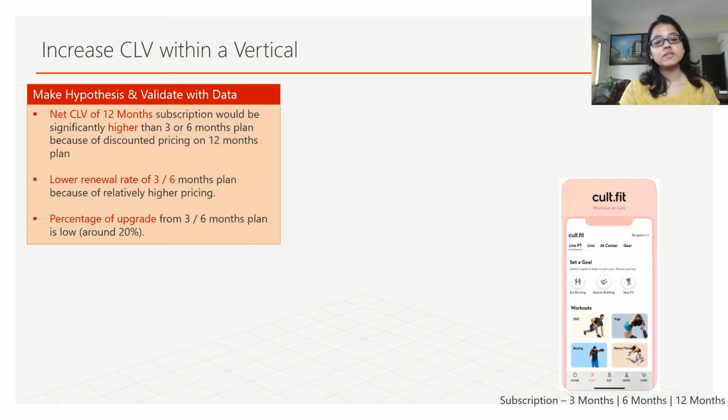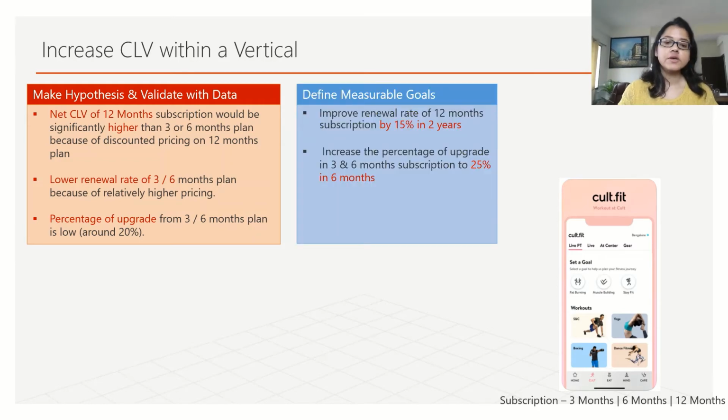So based on these validated hypotheses, we can define the measurable goals. So one goal can be that we want to improve renewal rate of 12-month subscription by 15% in 2 years. And then the other goal can be we want to increase the percentage of upgrade in 3 and 6 month subscription to 25% in 6 months.